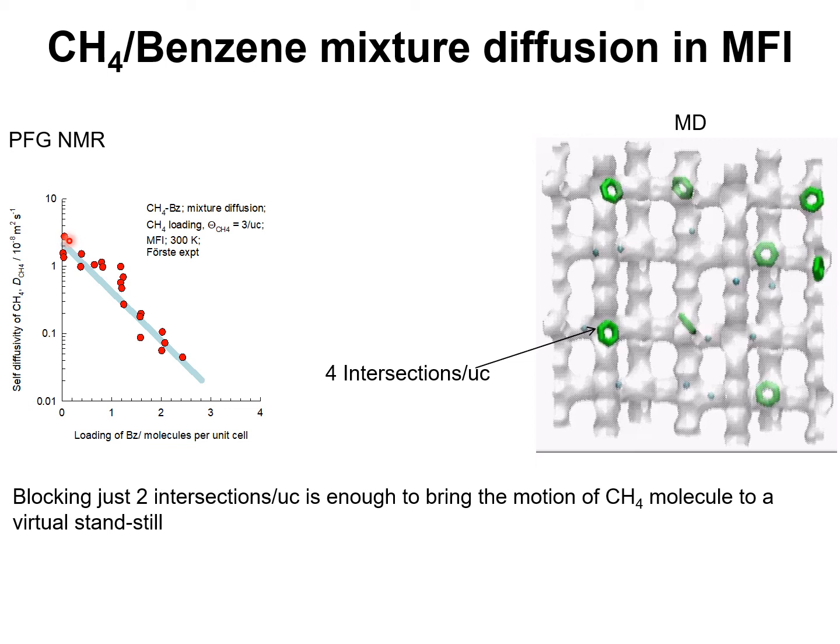The self-diffusivity of methane is reduced by about 2 orders of magnitude when the loading of benzene corresponds to 2 molecules per unit cell. So the traffic comes to a virtual standstill if more than 2 intersection sites are occupied.